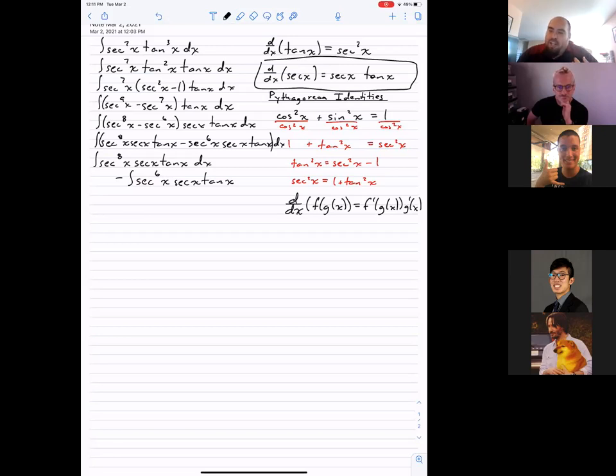So if I'm undoing the chain rule, I want to go the opposite direction, which means I would really like to have, is there an inner function whose derivative is there? And do I have the derivative of that, or do I have that outer function present? So hopefully you see that we have secant of x there, and we have its derivative.